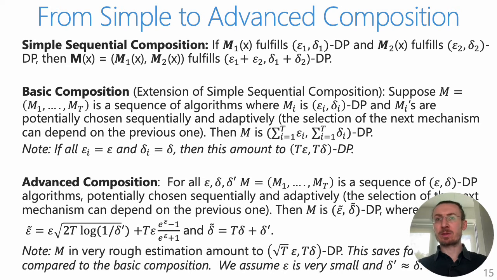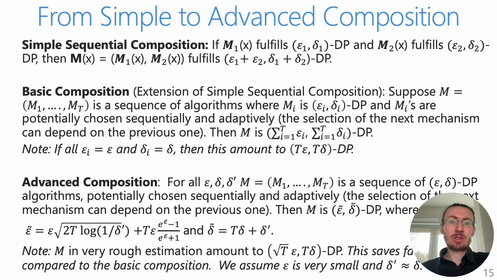So an important note here is that all of these epsilon values from all of these mechanisms are of the same value, epsilon and delta, and then in the simplified version, these T applications of mechanism M amount to T times epsilon and T times delta DP guarantees.